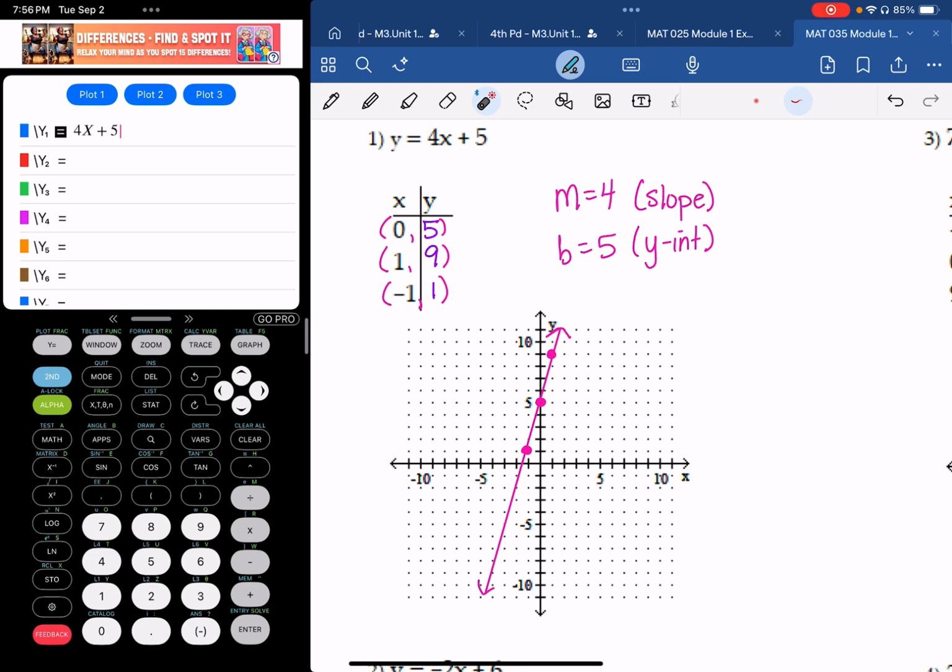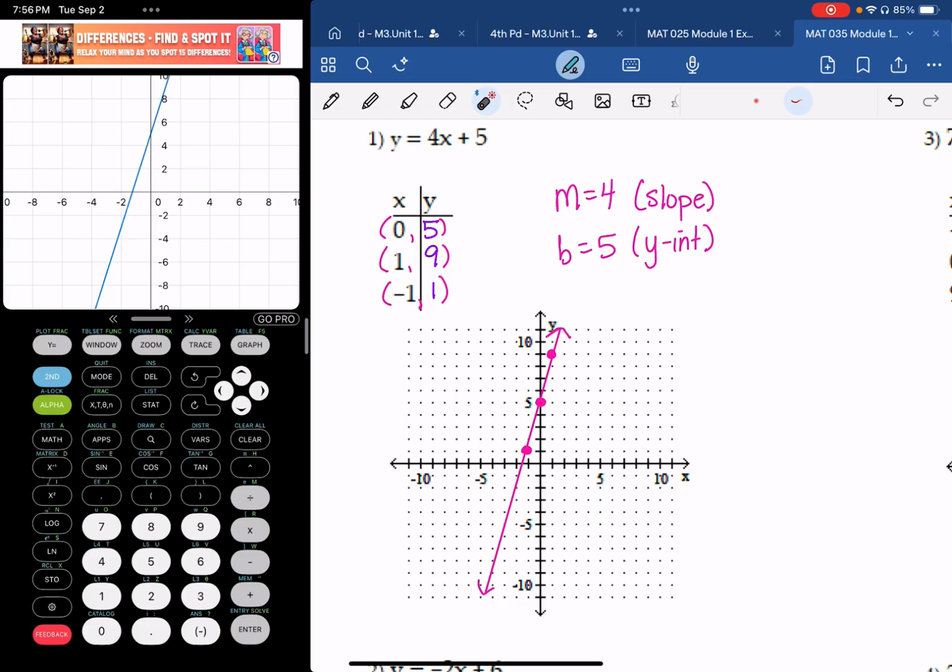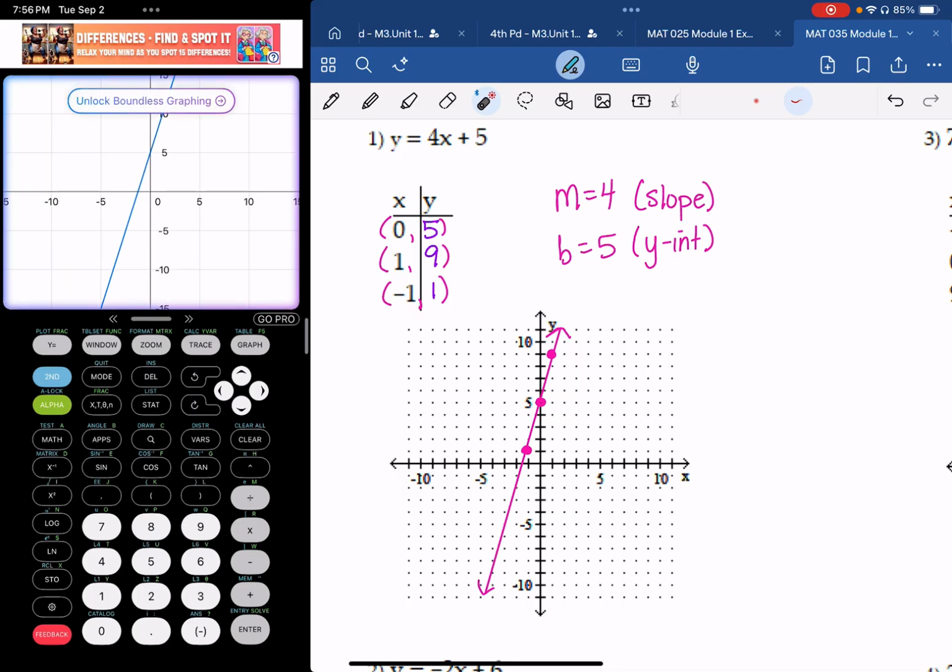That's going to graph this for you. So if you now press the graph button, you can see that it graphs the same graph that we have there, okay? Mine may look a little bit different than yours just because I have a different app on my iPad than what you're using in your handheld.